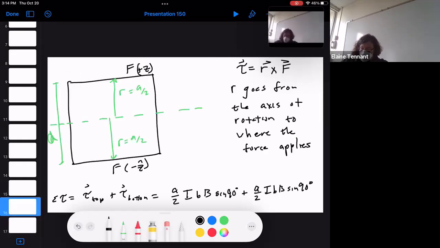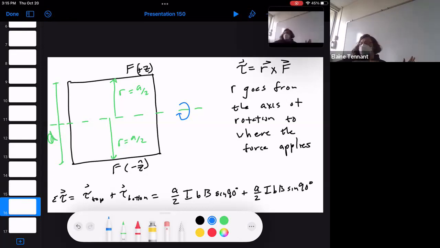Last thing I want to do is put a direction on this torque, because torques do have directions. And I don't know if you guys remember how directions work when you spin. So this thing's spinning like this, right? This is kind of hard to convey.